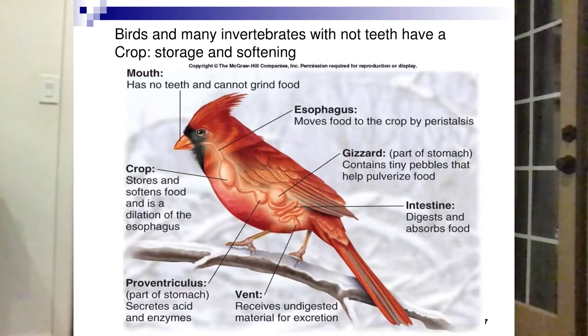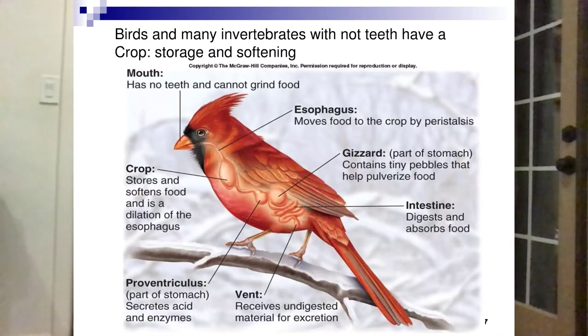And so you can see at the end of the esophagus there's actually a modified portion of the esophagus called the crop. The crop. And that can store the food, and there are fluids in there that can soften the food. Okay, so they store it in the crop.